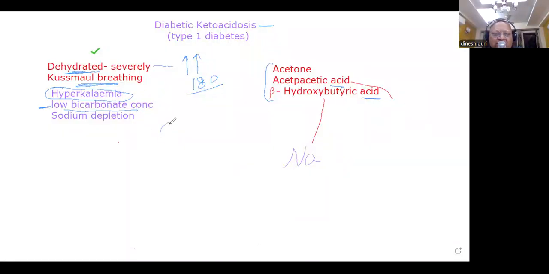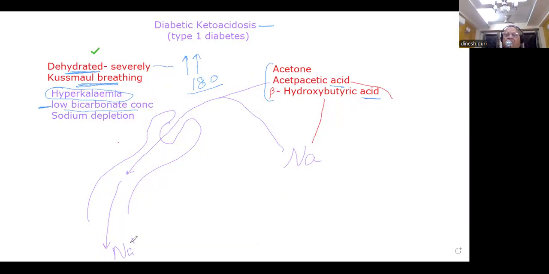This point is a bit complex. Let me elaborate. From the glomerulus, sodium acetoacetate is getting eliminated. So sodium acetoacetate will be eliminated in the urine. So sodium depletion will be there. But last point, a bit complex, why is there no hyponatremia despite sodium loss?